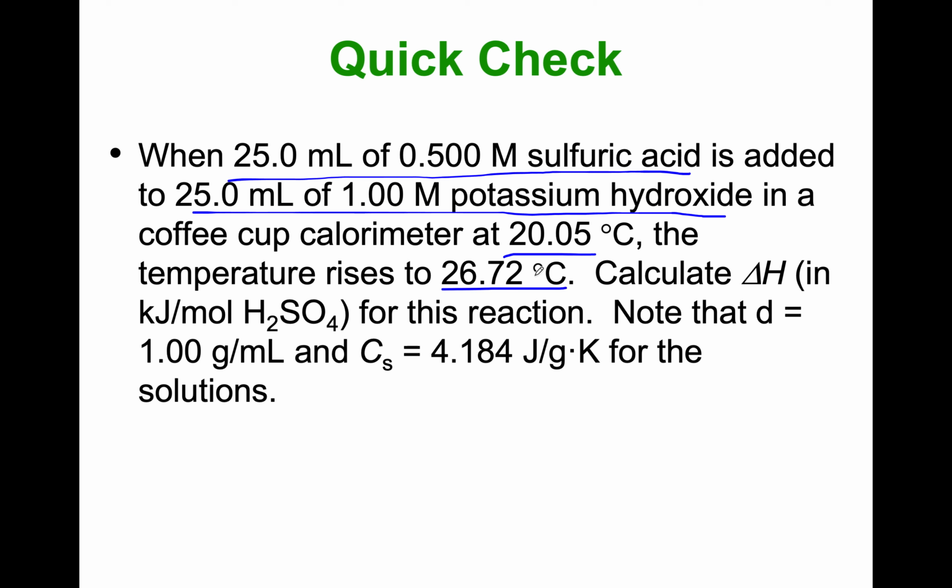If the temperature is rising, it tells us something about this reaction. And the question is asking for calculate delta H in kilojoules per mole of sulfuric acid. Some things you'll need are the density and the specific heat capacity of the solution. So go ahead and go for this. Constant pressure calorimetry, that's Q equals mC delta T and Q equals negative Q, and go from there.